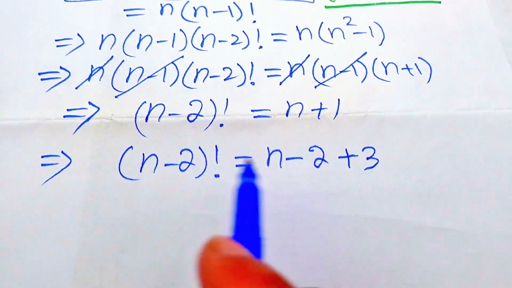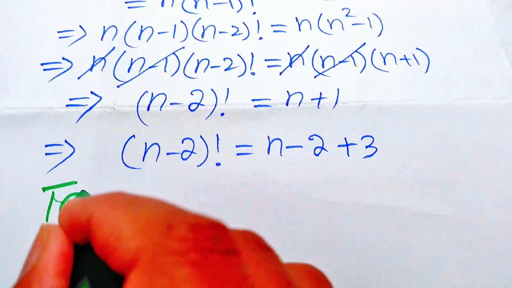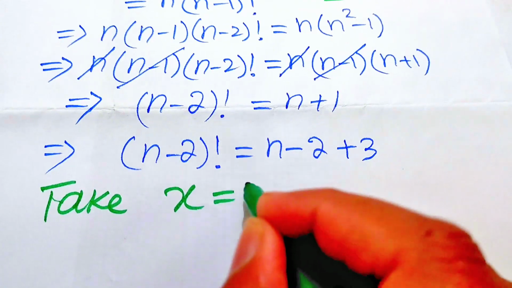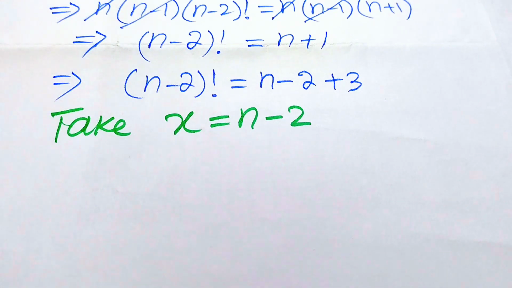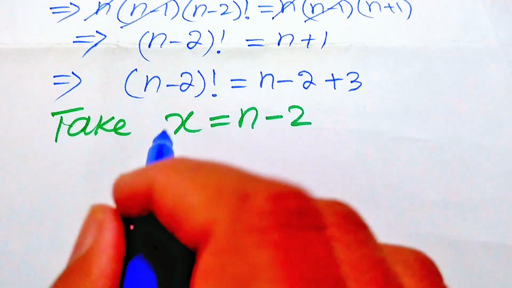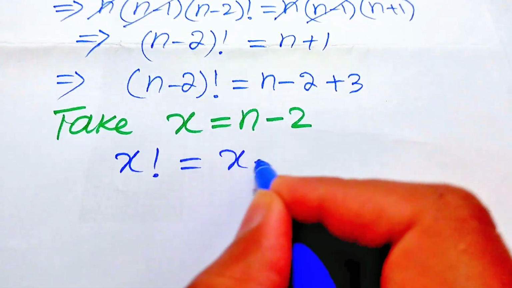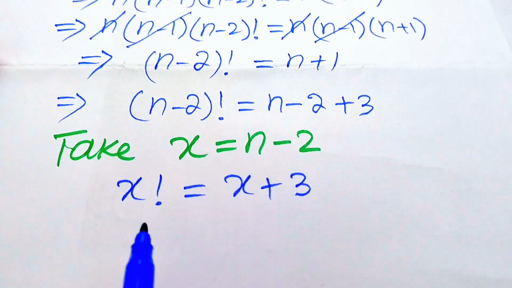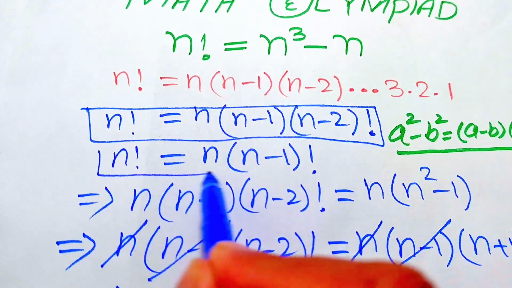And you see here we have n minus 2 as the common term, so we take n minus 2 equals x, and it will be written as x equals n minus 2. So now we substitute this value of x in the above equation, and it becomes x factorial equals x plus 3. So here we again break this x factorial, and here we use this definition.